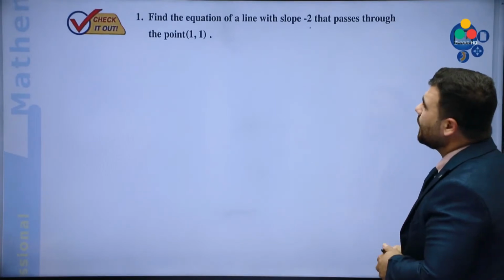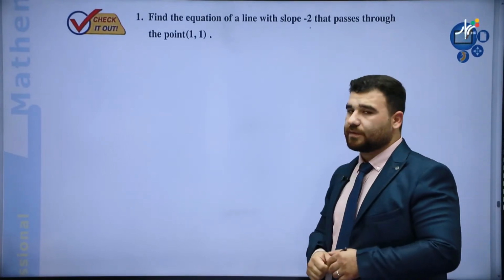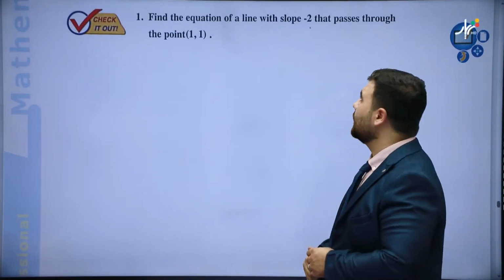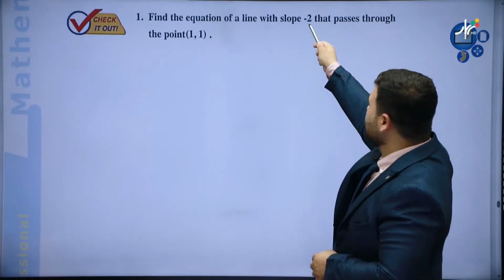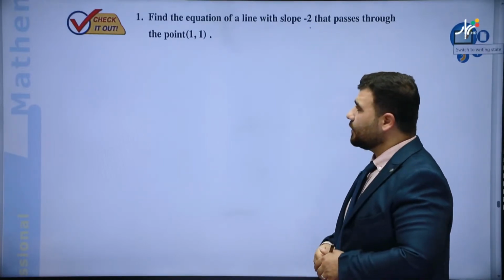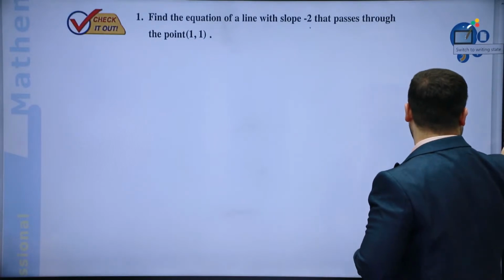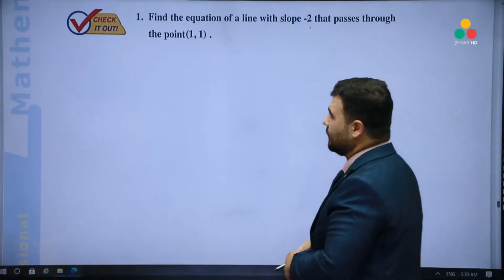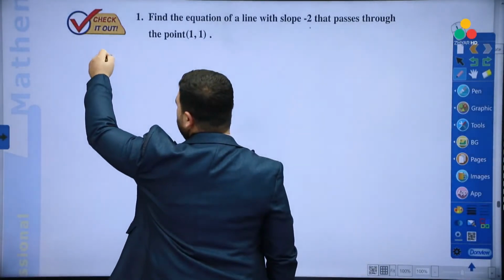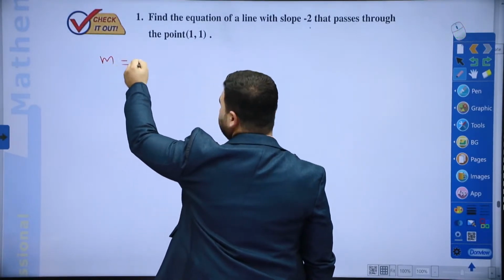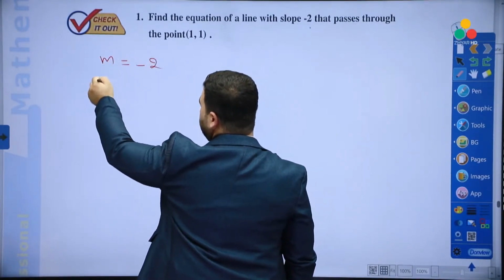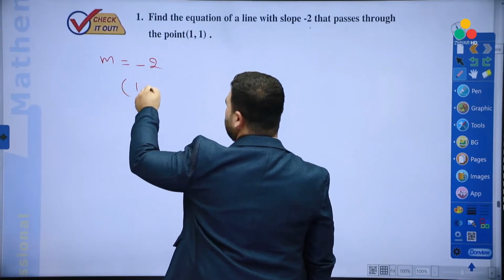Here, find the equation of a line with slope negative 2 that passes through the point (1, 1). Let's make it clear. What do we have? Slope is negative 2. Point is (1, 1).